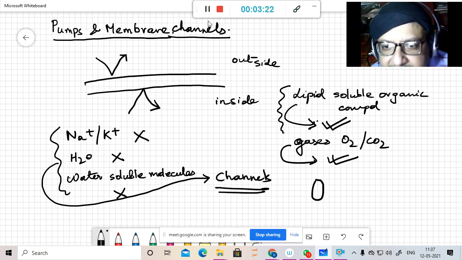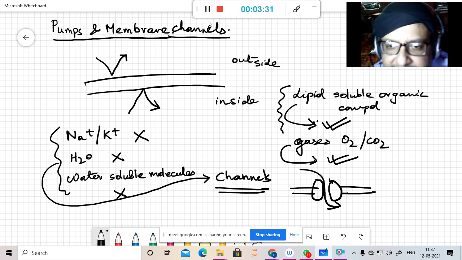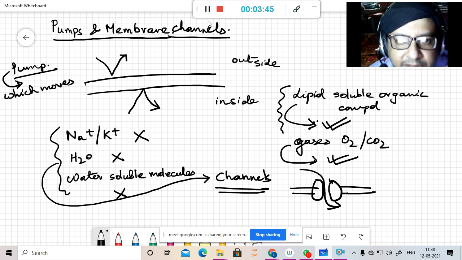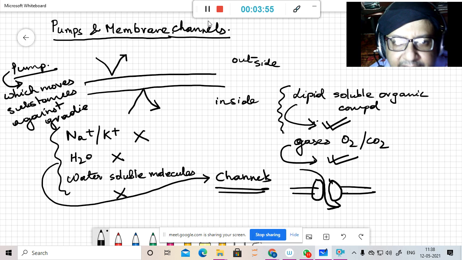So a channel on a plasma membrane allows the passage. This is a channel. And at the same time you have something called a pump. A pump is a device which moves substances against a gradient.